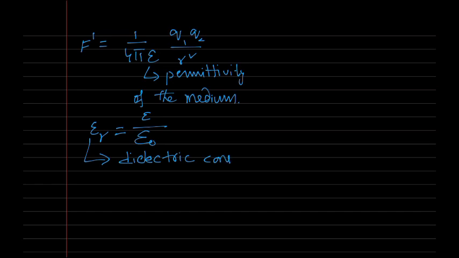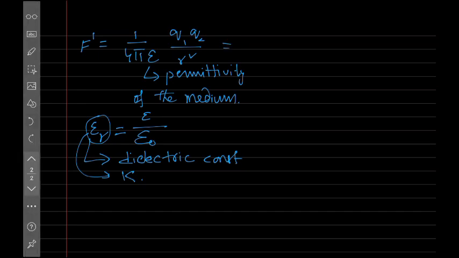Actually, this dielectric constant can also be represented as capital K. So in order to avoid the confusion between the k that we have used in the electrostatic force expression and this K, I am using simply epsilon r for the dielectric constant here.